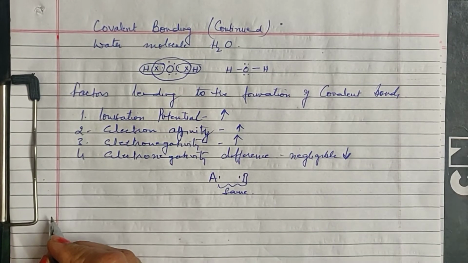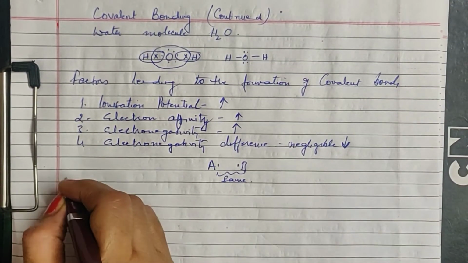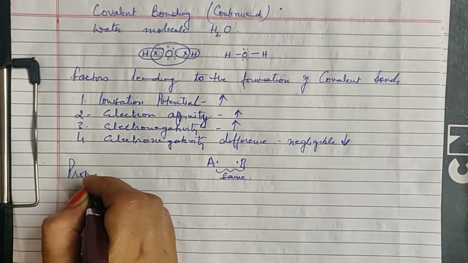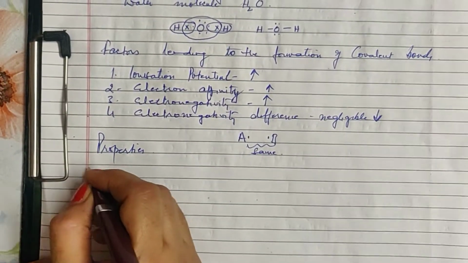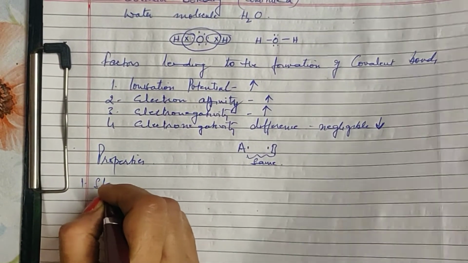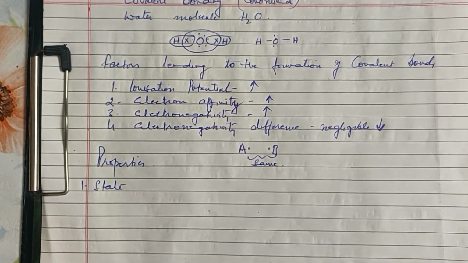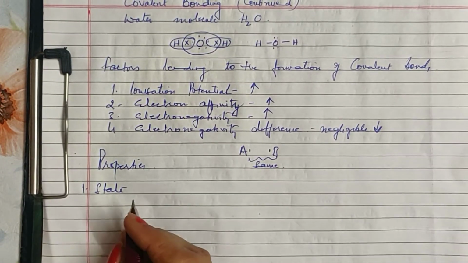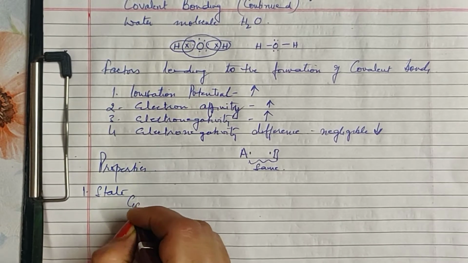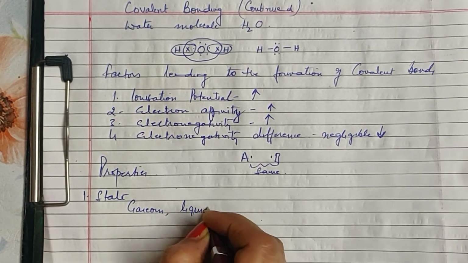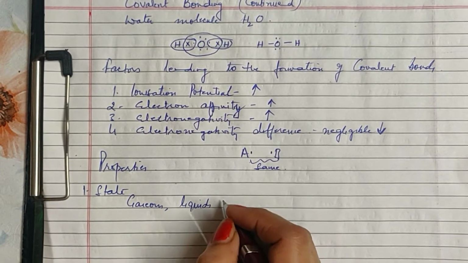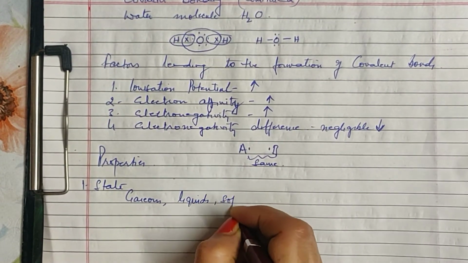Alright, now once the covalent compounds are formed, what are their properties? The properties of covalent compounds: 1. Their state. First of all, they are either gaseous or liquids, or even if some of them exist in the solid state, they are very soft solids.